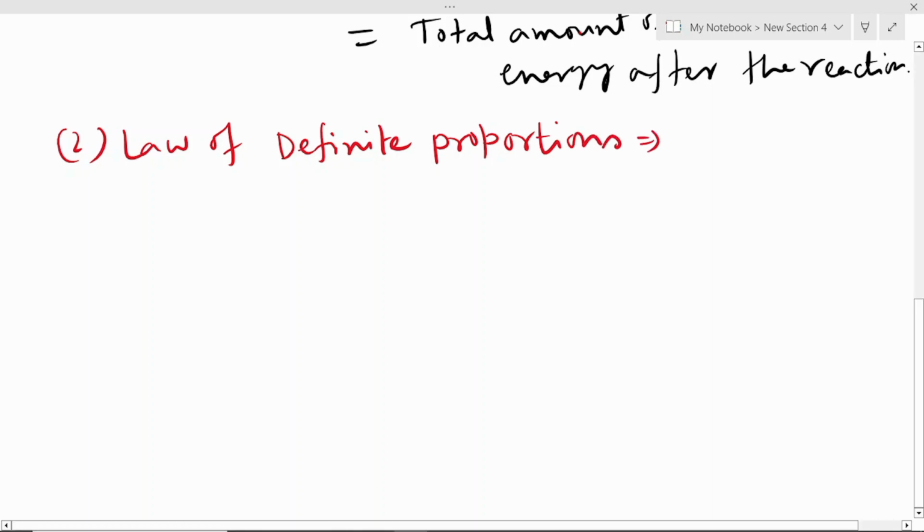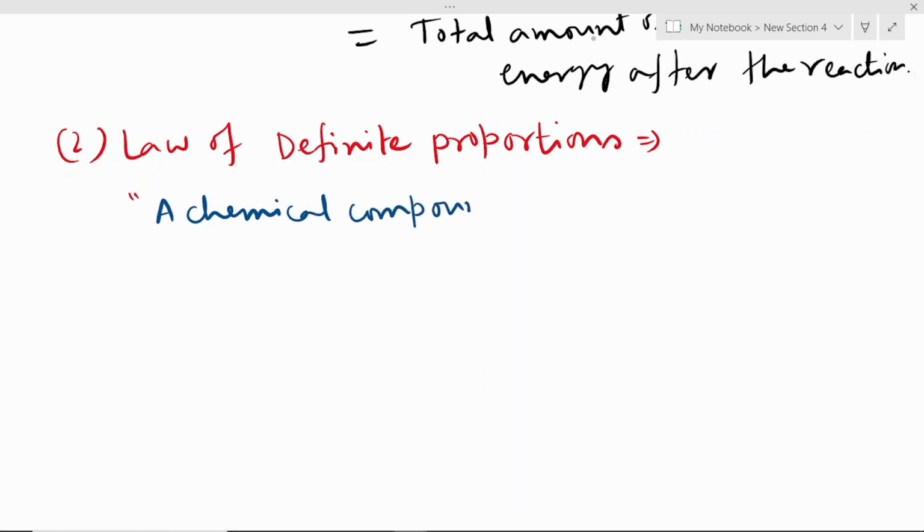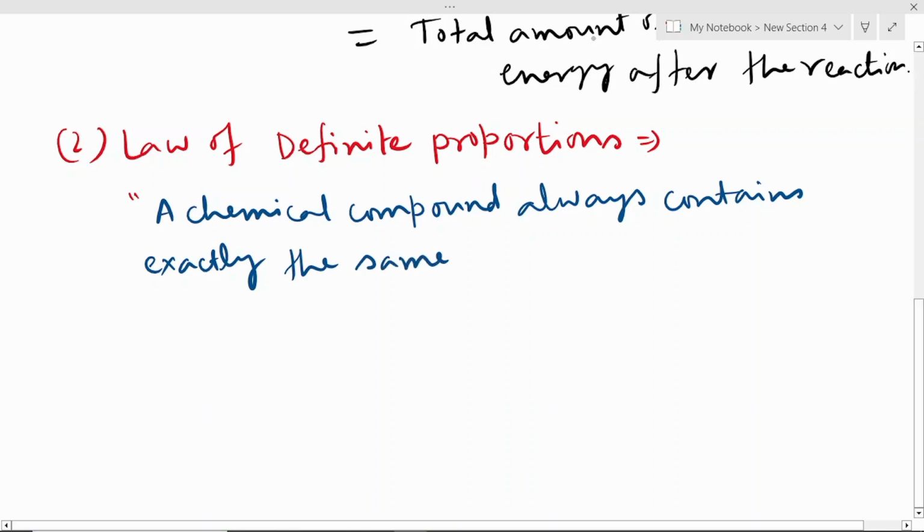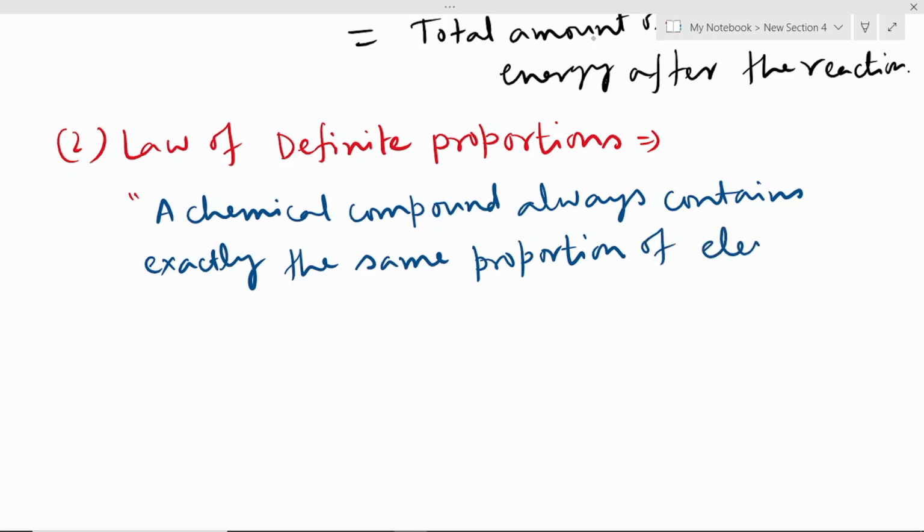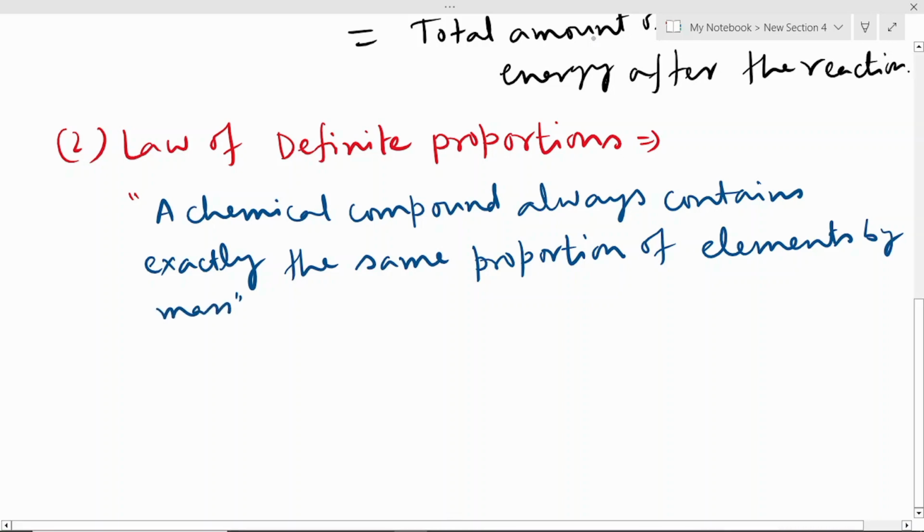This law states that a chemical compound always contains exactly the same proportion of elements by mass, and we will understand this by an example.